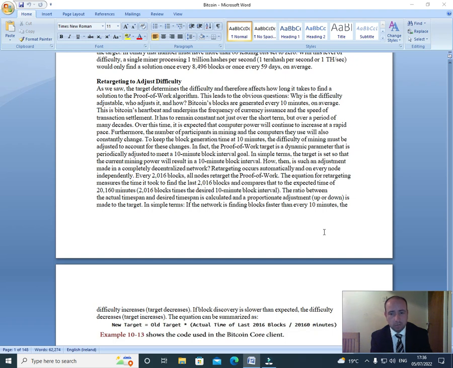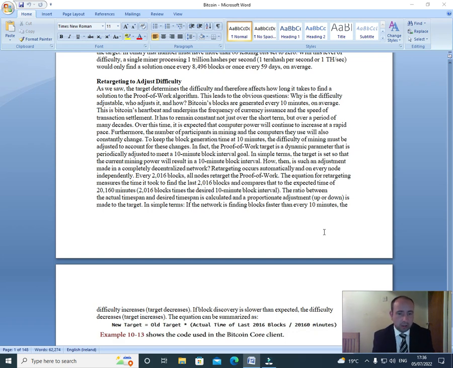In fact, the proof of work target is a dynamic parameter that is periodically adjusted to meet a 10-minute block interval goal. In simple terms, the target is set so that the current mining power will result in a 10-minute block interval. How then is such an adjustment made in a completely decentralized network? Retargeting occurs automatically on every node independently.